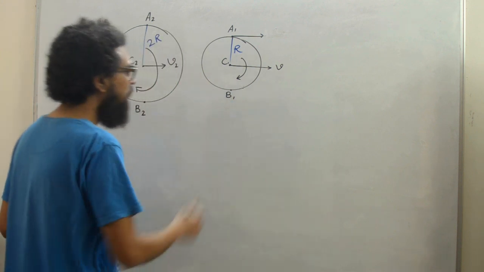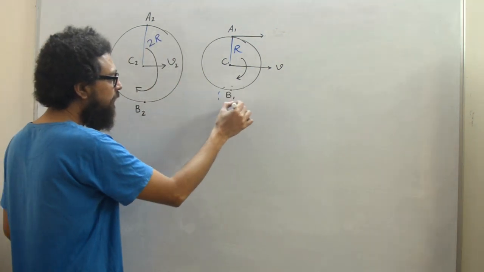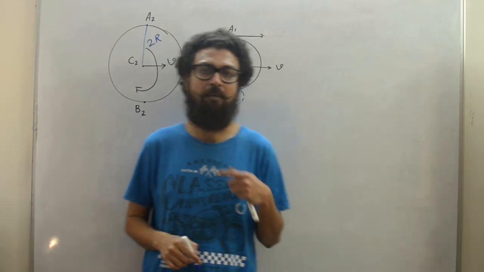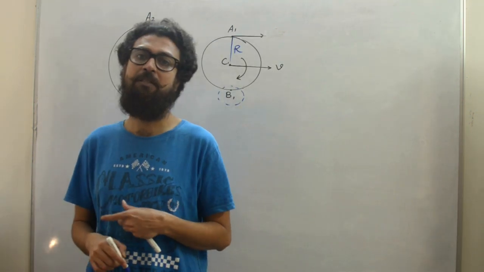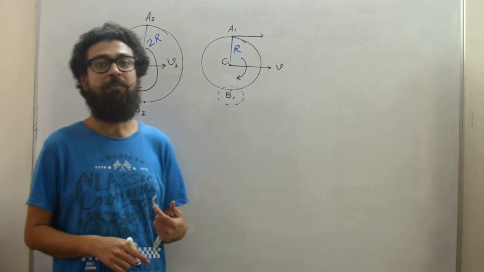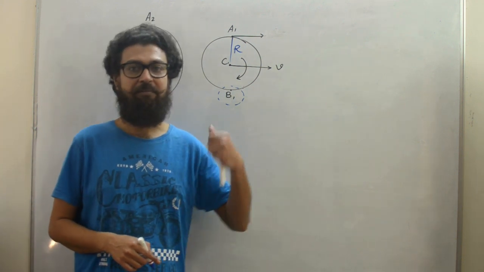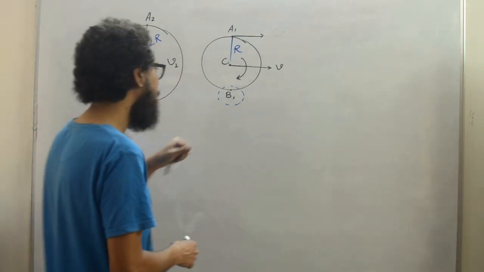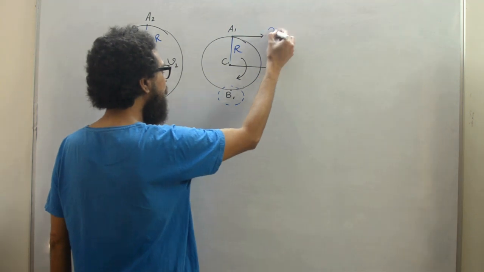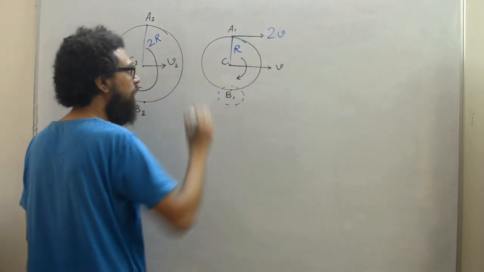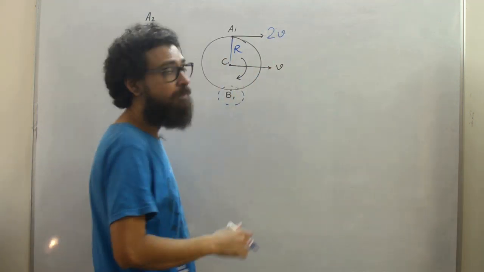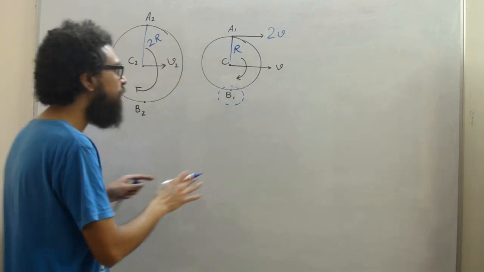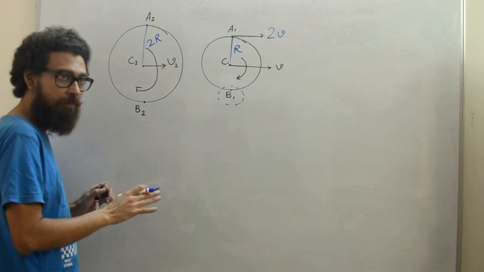So here, in order to keep this momentarily at rest, as I said, in rolling motion, the point of contact with the surface should be momentarily at rest, then only pure rolling can occur. So if it is v, eventually what can I write for A1, this point? It is 2v. Great. So we are now comfortable with this, right?